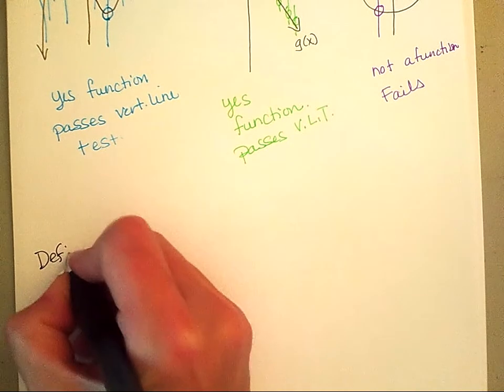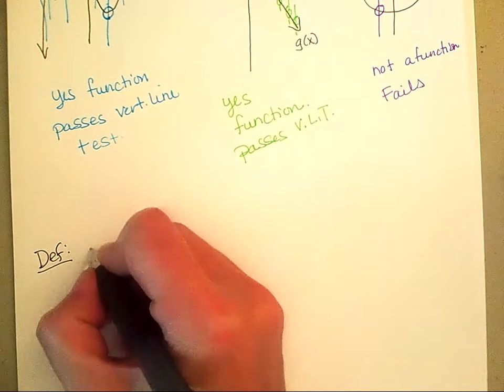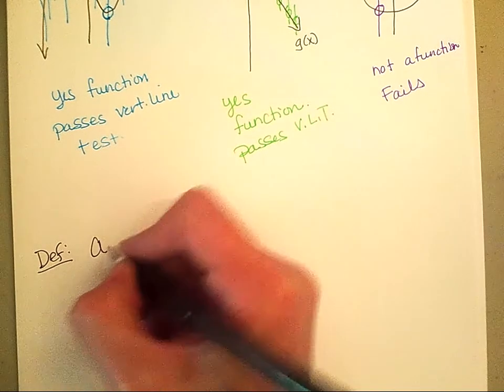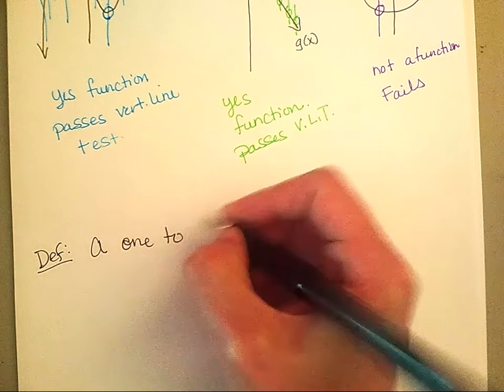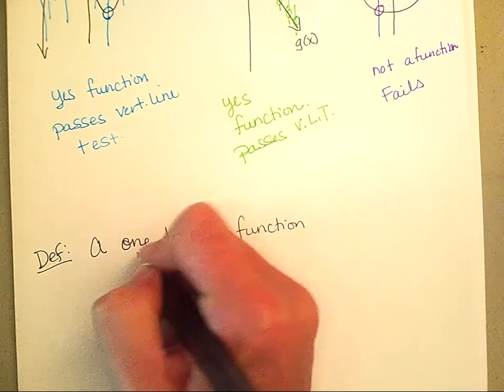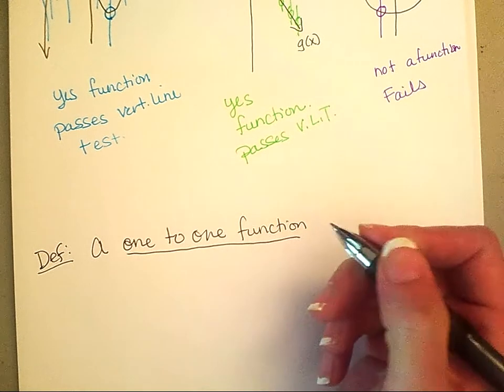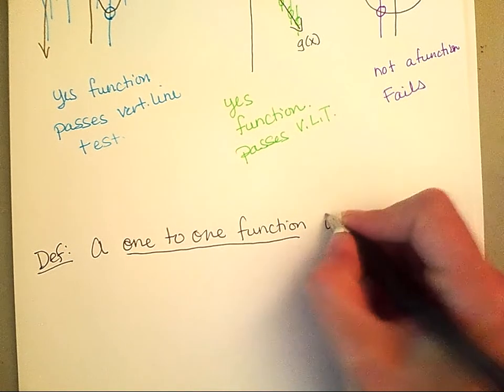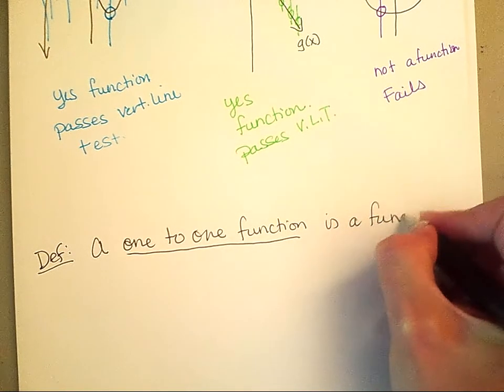There's another type of function that is important to us. That is a one-to-one function. So a one-to-one function, first of all, it has to be a function.